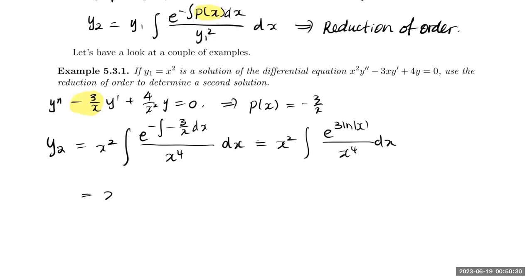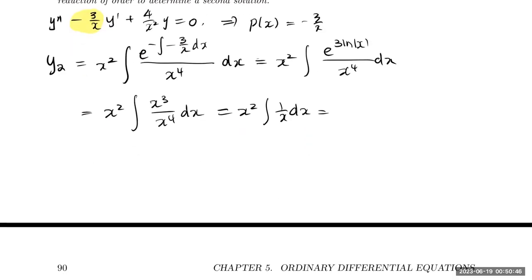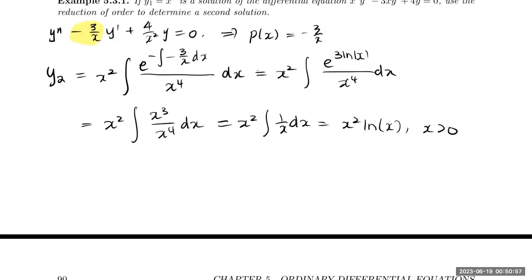Then this equals x squared times the integral of x cubed over x to the 4 dx. So this would just be the integral of 1 over x. And so that is just going to be equal to x squared ln of x, where we'll assume that x is greater than 0. So that is going to be the second solution. Therefore, y2 equal to x squared ln x is a second solution.